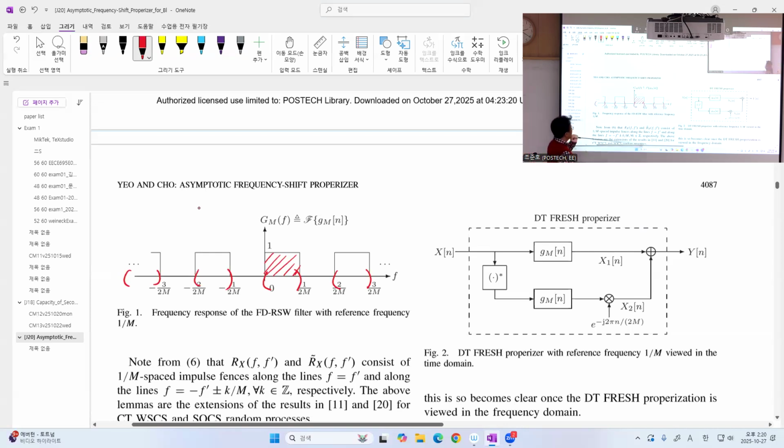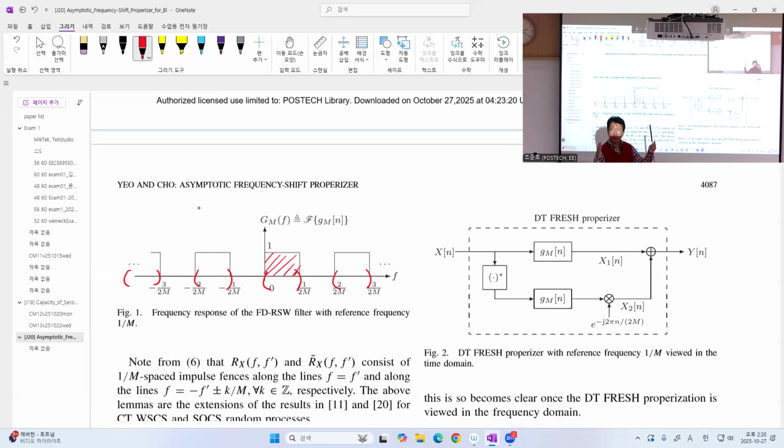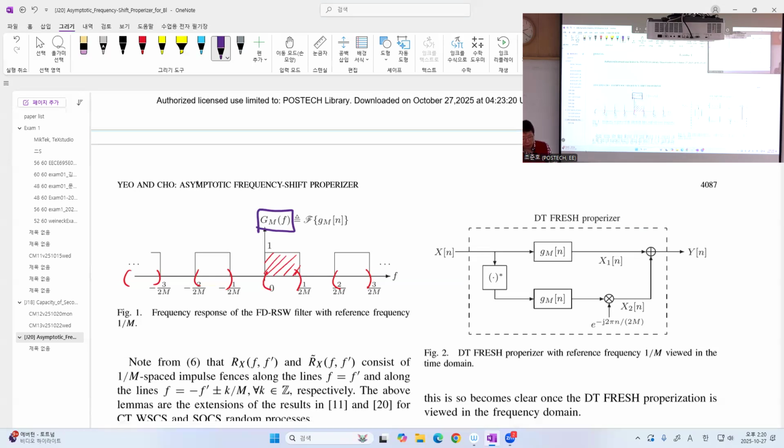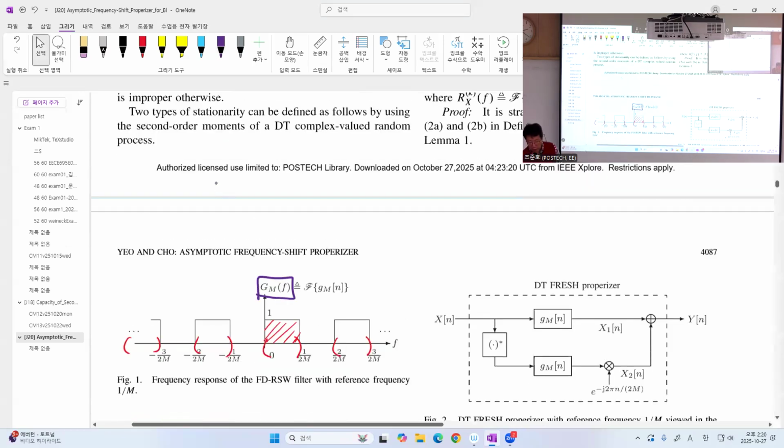So these passbands put together are related to that upper part of the widely linear vectorizer, right? And now this filter with impulse response G sub M is, for example, the discrete time version, but we can have a continuous time version.